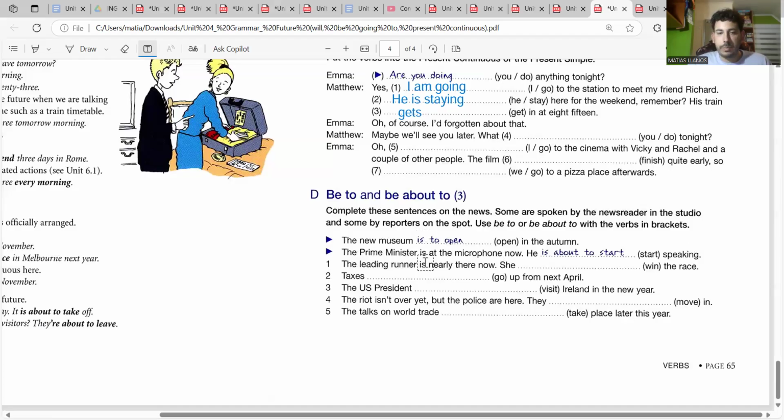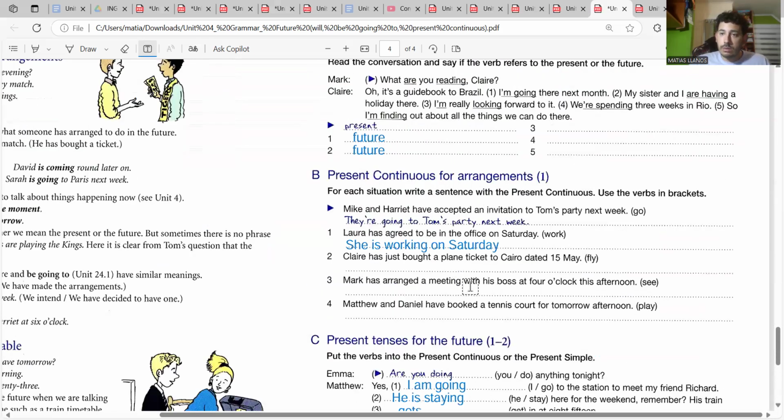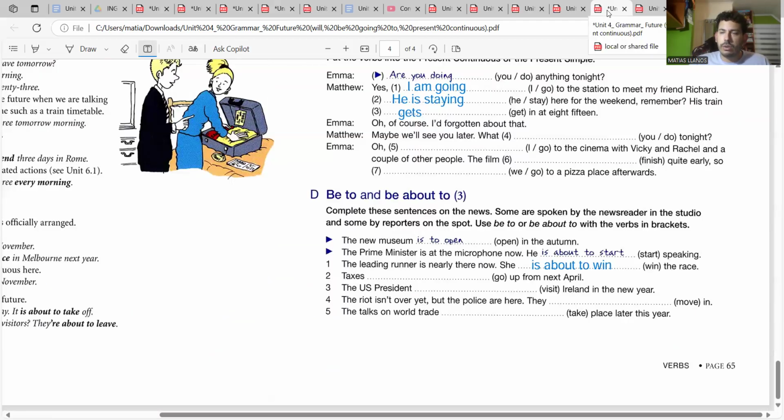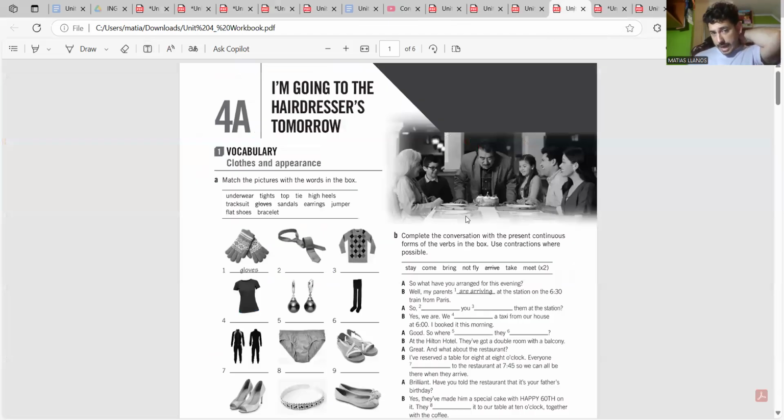It's about to happen. The leading runner, she's nearly there now. Nearly there. It's about to happen. She is about to win. Remember, when it's near, it's about. She is about to win the race. And so on, you do the rest. So this will be all for unit 4, sorry, this is all for unit 4 for the guide.